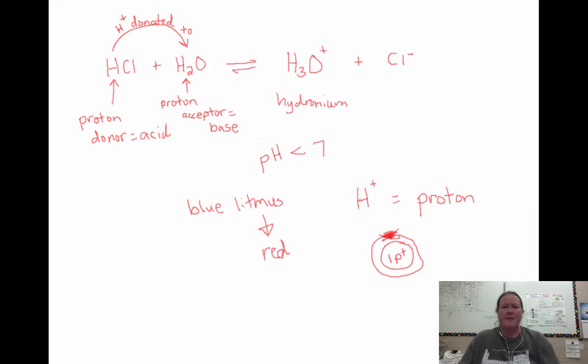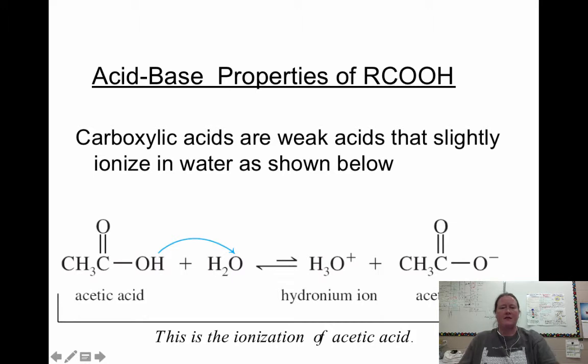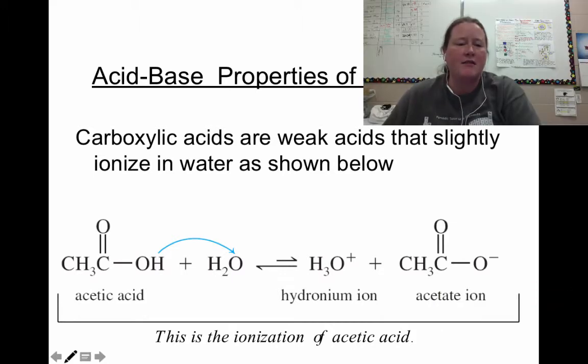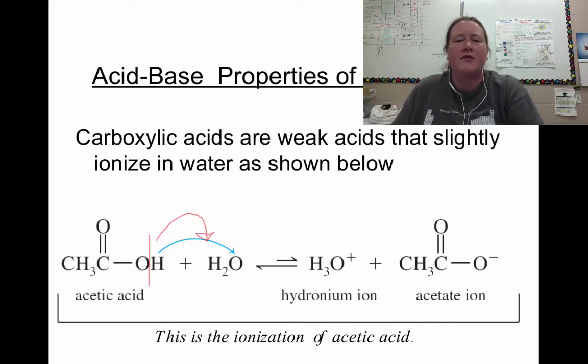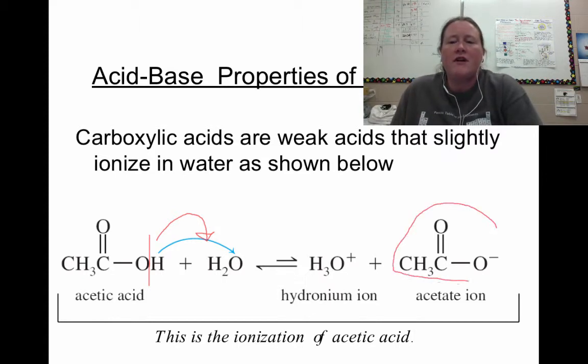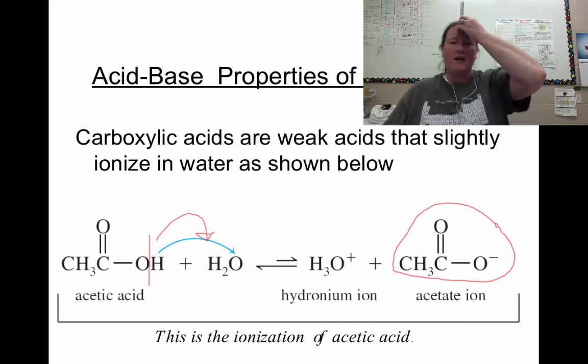Now, I am going to go back and look at this. So here is acetic acid. And acetic acid is also known as ethanoic acid. What happens is it gets cleaved or cut right here, and this hydrogen ion is lost, and it gets donated to the water, producing hydronium ion. And then this right here is called an acetate ion.